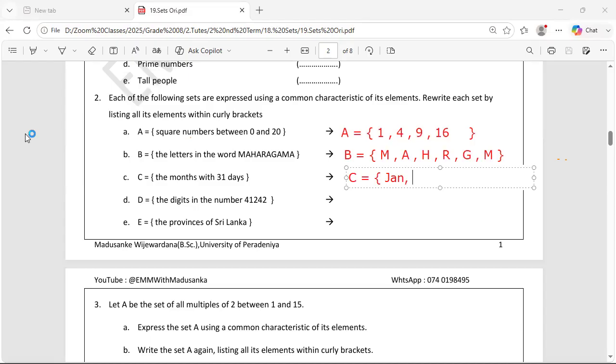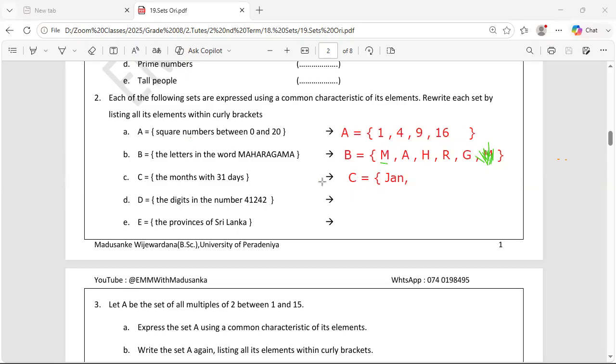So here you cannot write it down again because it can be repeated twice. So you are not going to write it because it is here as well.